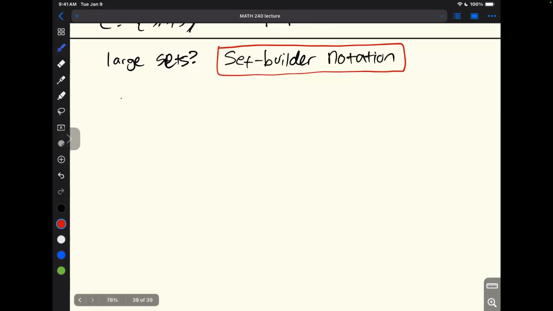The idea here is we want to provide a rule to be able to obtain all the elements of the set. So we don't necessarily want to list them all. We just want to say, here's how you would get all of them.